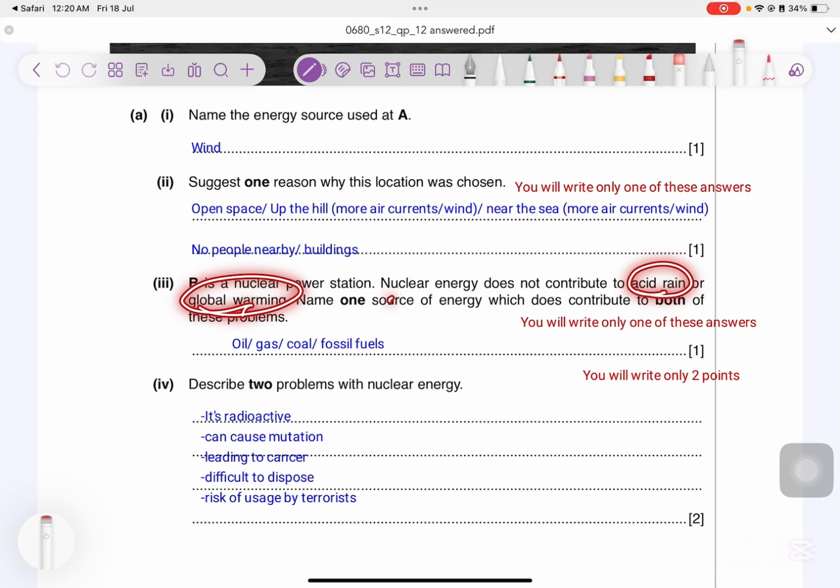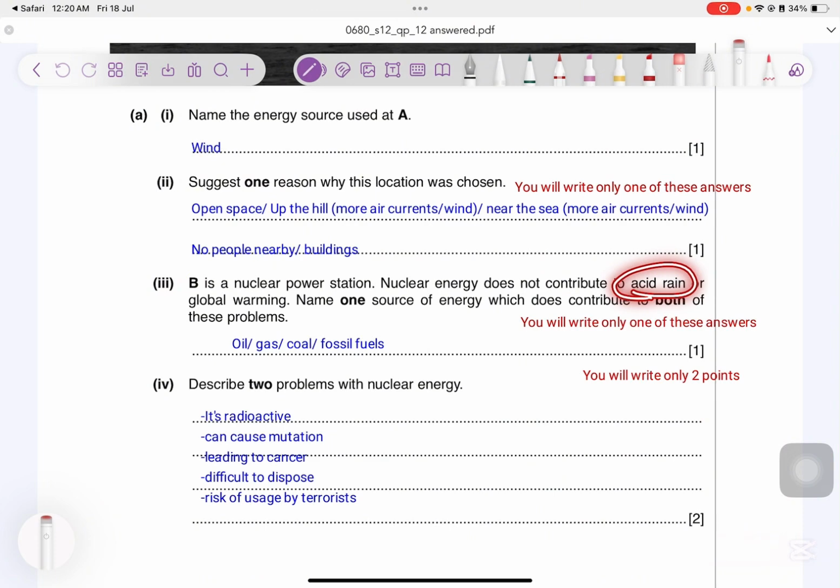Of course, you're going to mention the non-renewable resources such as oil, gas, coal, fossil fuels. But let's revise what causes acid rain and what causes global warming. Both of them are caused by oil, gas, coal, and fossil fuels. Acid rain is caused by the release of oxides, such as sulfur dioxide and nitrogen oxides mainly. And global warming is caused by the excessive release or presence of greenhouse gases.